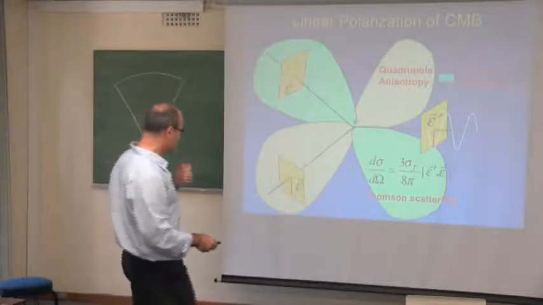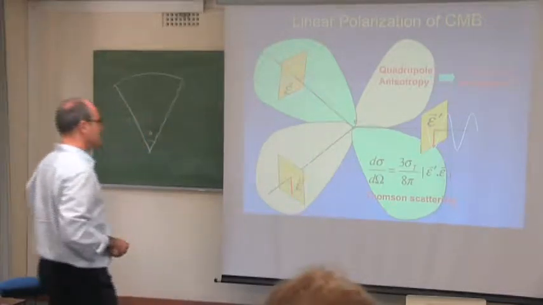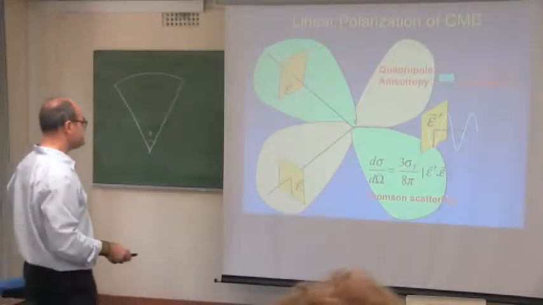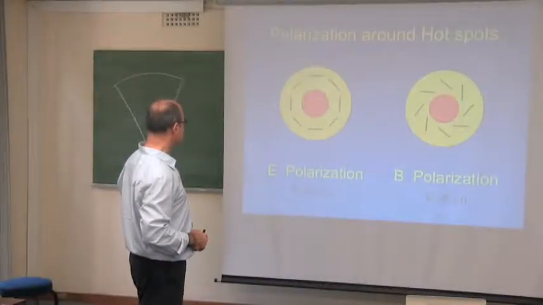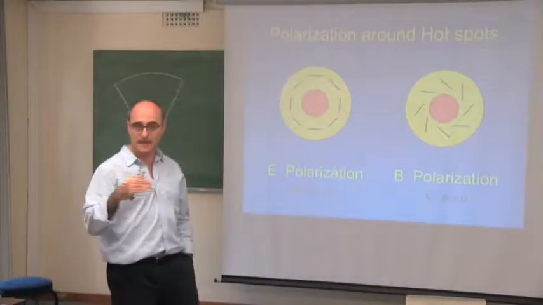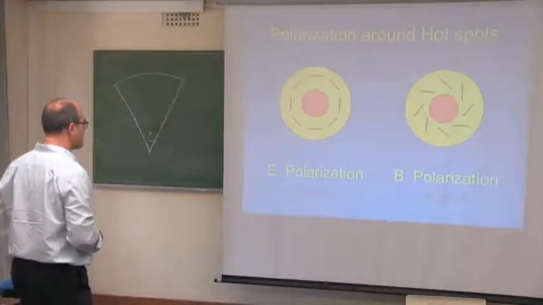So the Thomson scattering is proportional to the product of the incident and outgoing wave, and proportional to the scattering cross section. And there are, as I said, E and B modes, which correspond to gradient and curl modes.